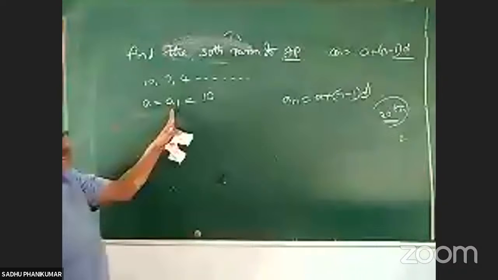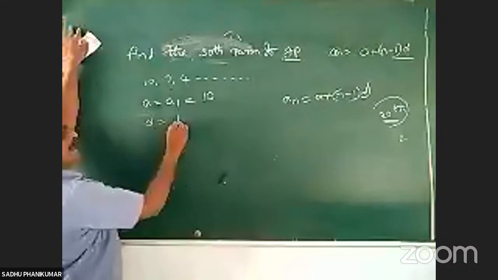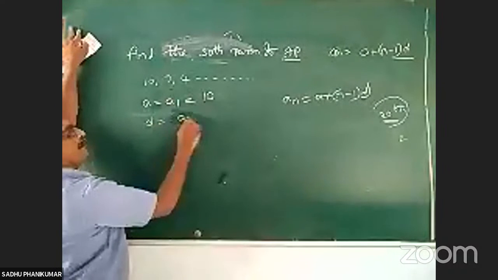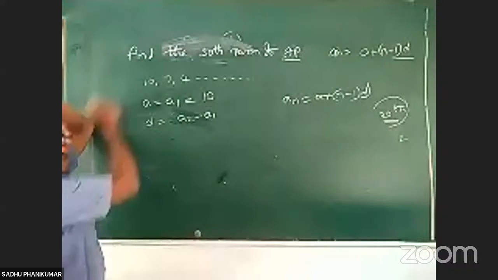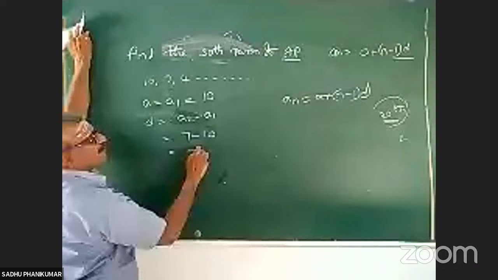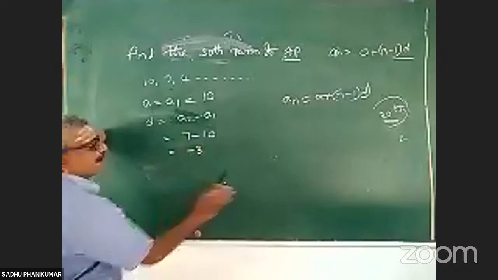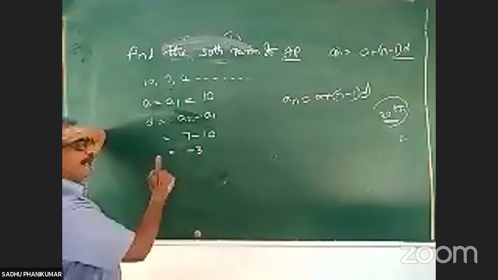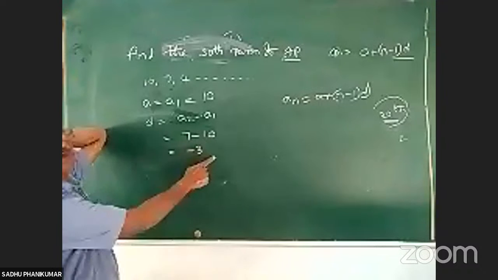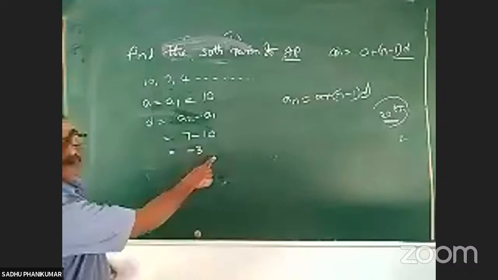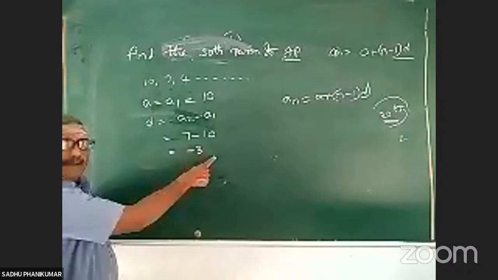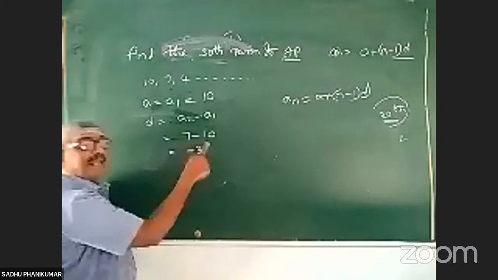Next, d is equal to a2 minus a1, the second term minus the first term, that is 7 minus 10, which is equal to minus 3. You have to remember that in an AP, the common difference may be negative also, and in some cases positive.